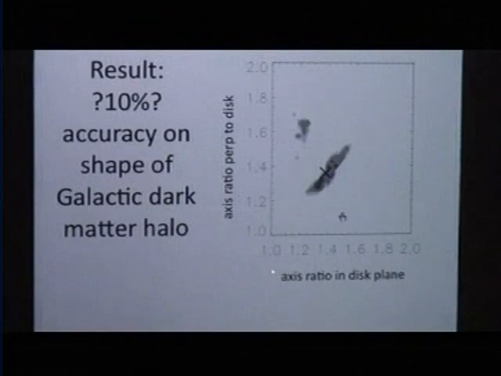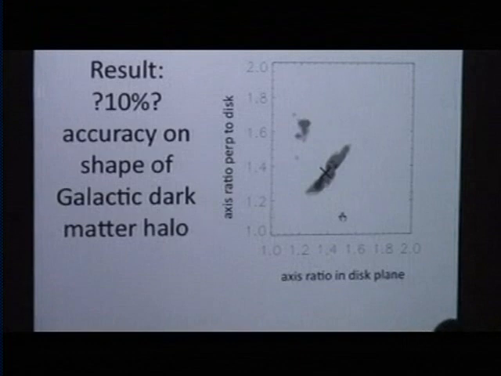We put them in a potential where the dark matter had an axis ratio perpendicular to the disk of 1.4, an axis ratio in the disk plane of about 1.4, that's this big X. And if we bootstrap our errors from our simulated observed sample, you get the sort of error contours that you see here, right? The 1, 2, and 3 sigma level. And so this is saying even with just 55 stars, we should be able to measure the shape of our dark matter halo with fairly good accuracy.